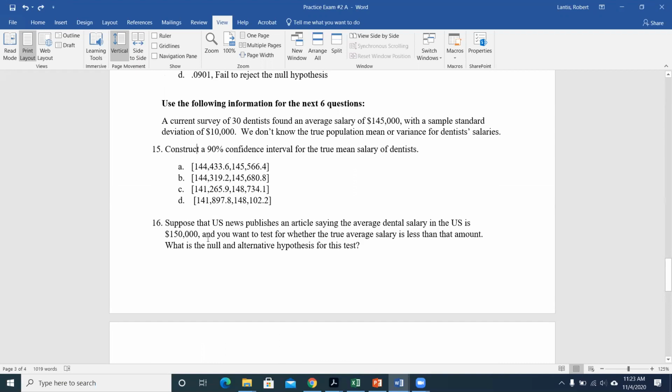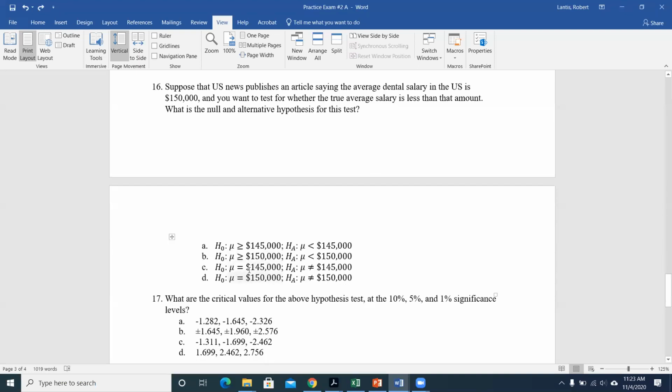You'll assume the opposite is true for your null. So if I want to test whether the average salary is less than $150,000, I'll assume it's greater than or equal to that. So my null should be greater than or equal to 150,000, and my alternative hypothesis should be that it was less than 150,000. That's what I wanted to test for.